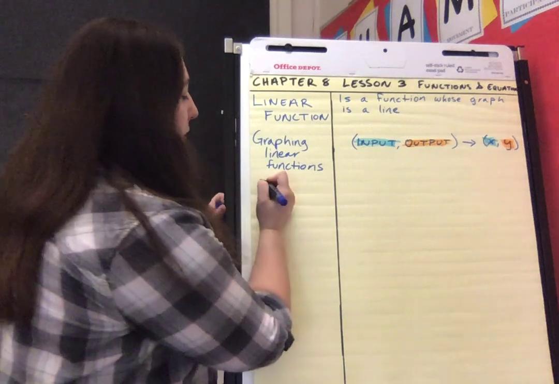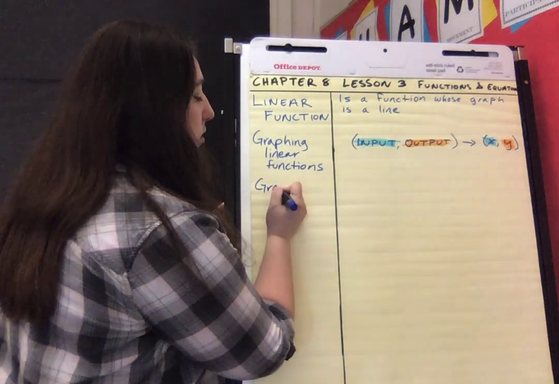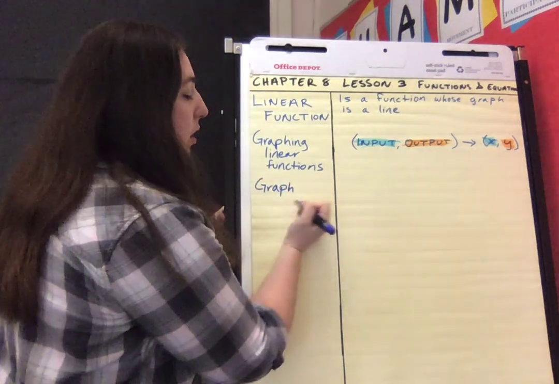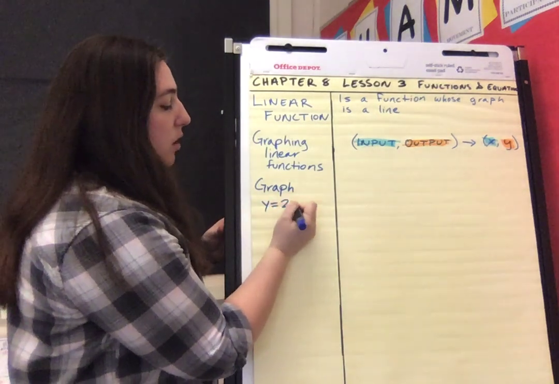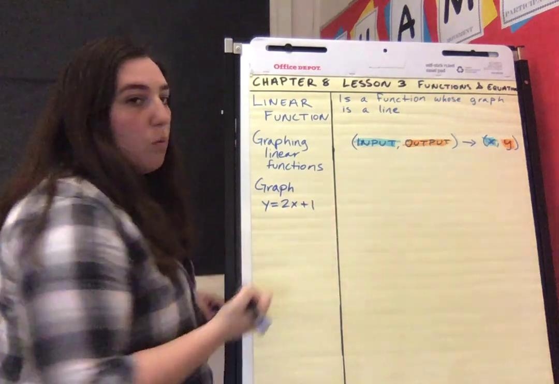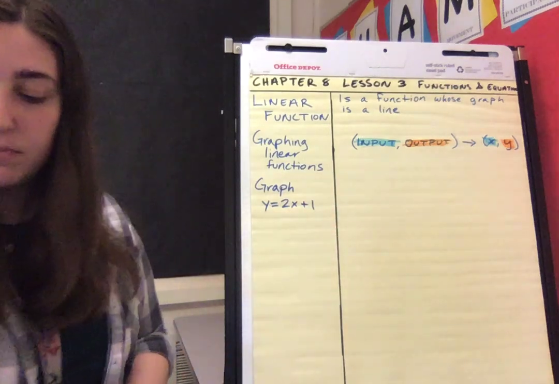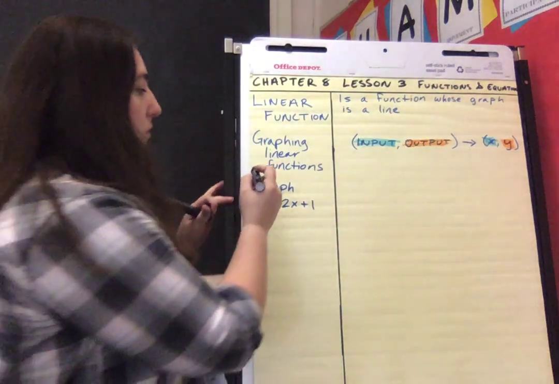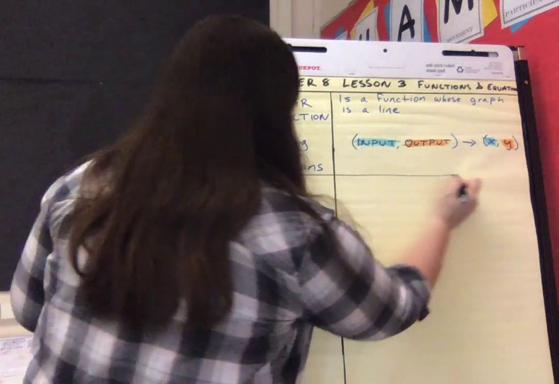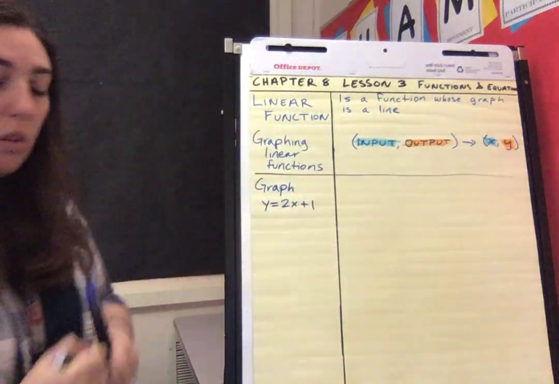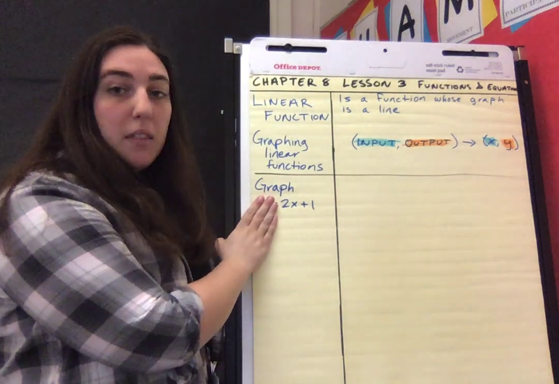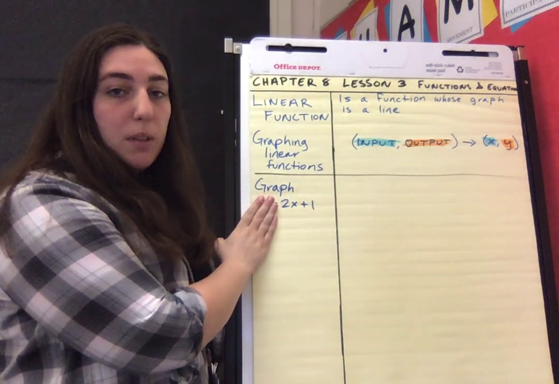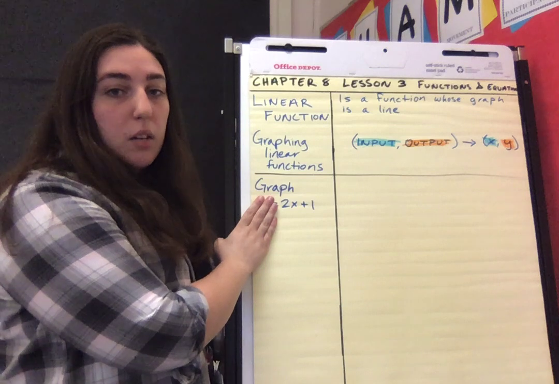Now let's start graphing. So we are going to graph this equation, y equals 2x plus 1. If you think about it, if we cover up the y and the equal sign, this 2x plus 1 looks exactly like a rule, right?